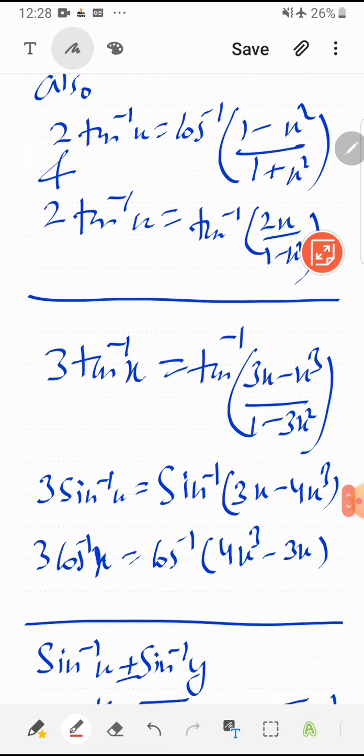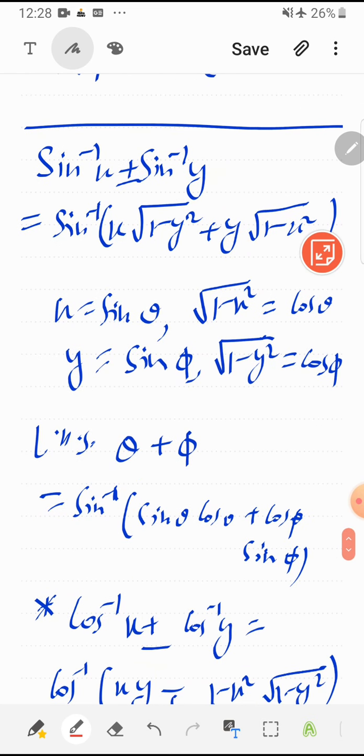Same we can think about sin inverse x plus sin inverse y, means again sum of two angles. Now when I say sum of two angles, sin a and sin inverse is there, so the sin of a plus b formula is there.